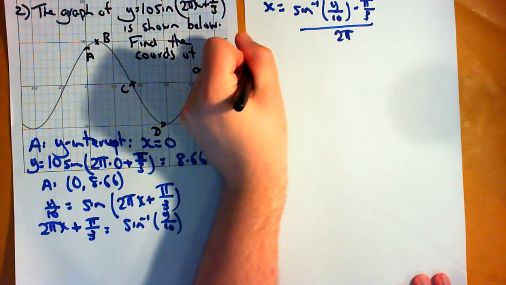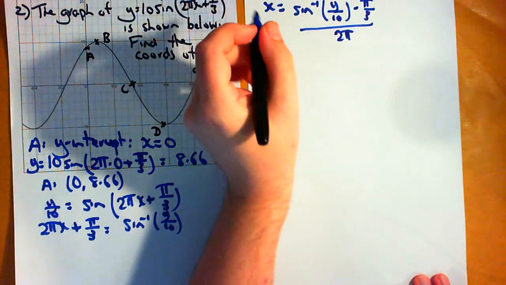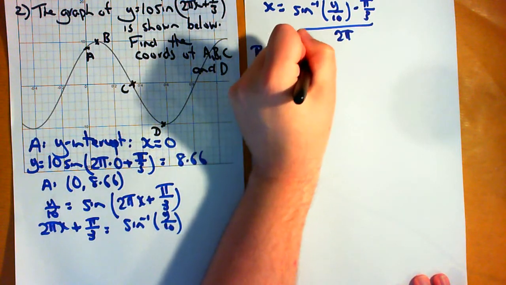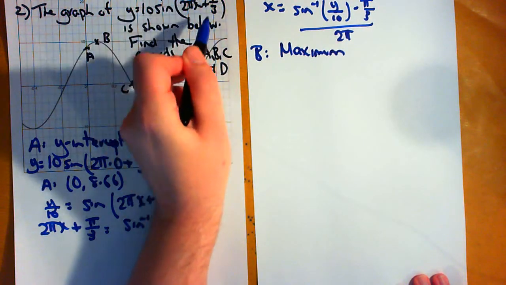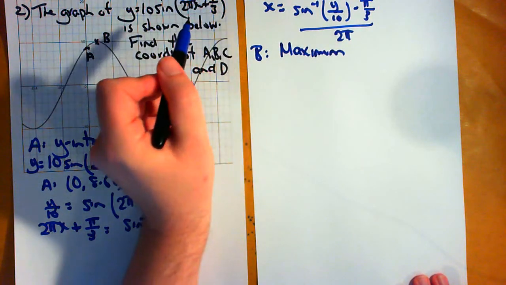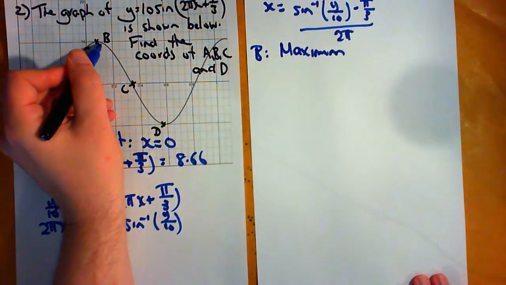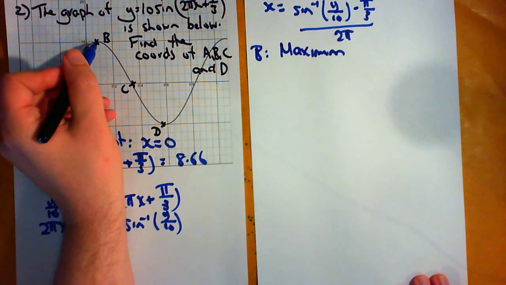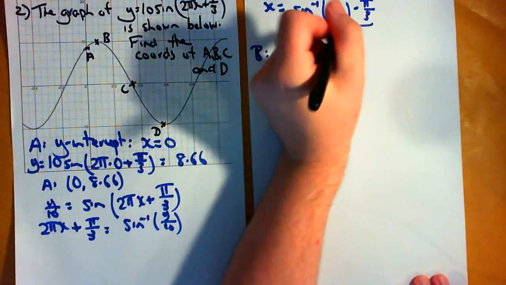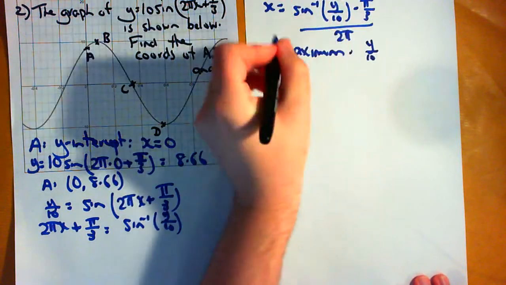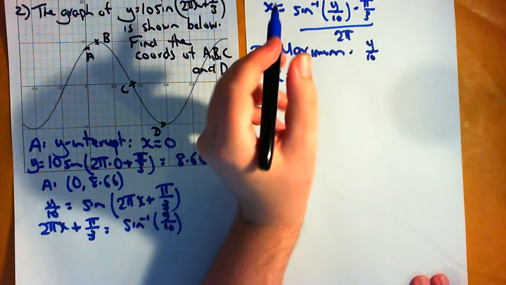Okay, so point B, what coordinate can we recognise? First of all, what's the feature? It's the maximum of the graph. For the maximum of a sine function, sine itself has a maximum of 1, so 10 times sine will have a maximum of 10. So at B, y is going to be equal to 10. And x is obtained by putting y equals 10 into the above formula.